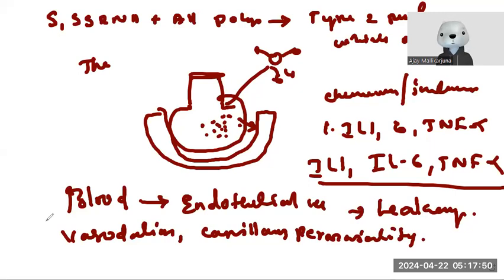So there is a leakage in the alveolar region to the endothelial cells. The fluid leakage leads to alveoli damage.